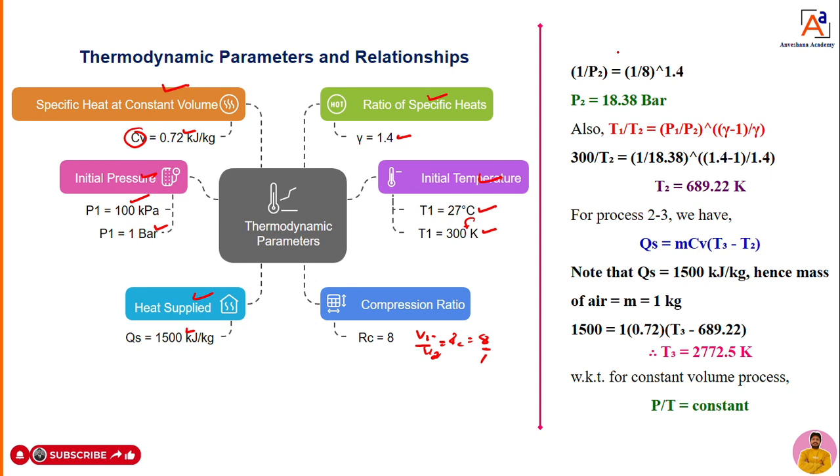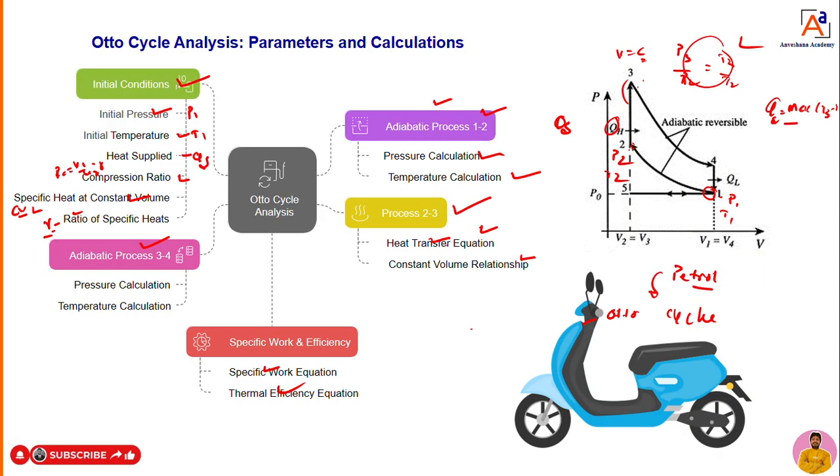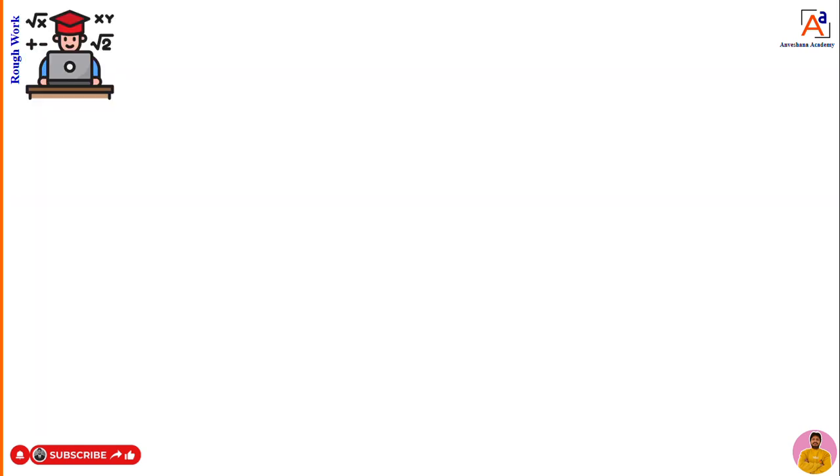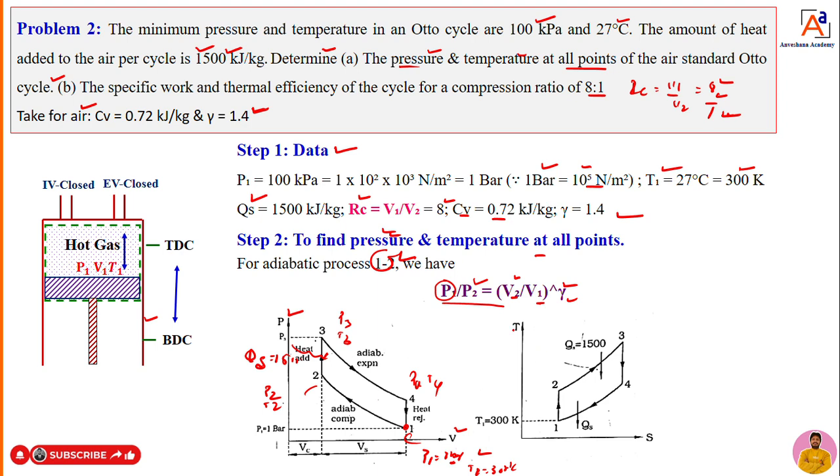Now what is the first process, we can see here dear students. As I told, what is the first process equation? P1 by P2 is equal to V2 by V1.